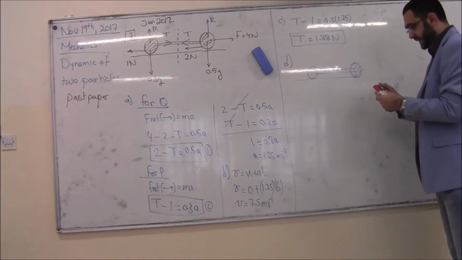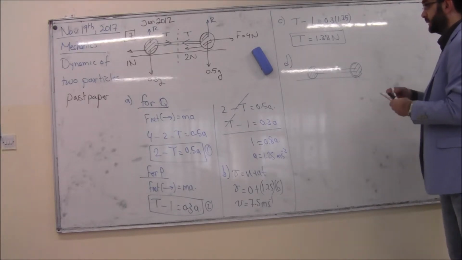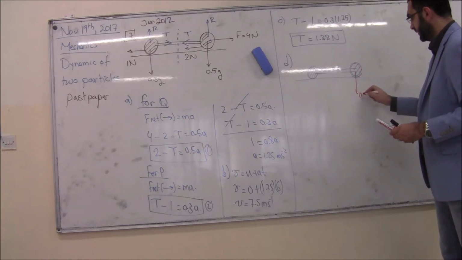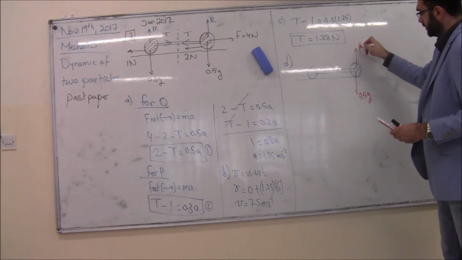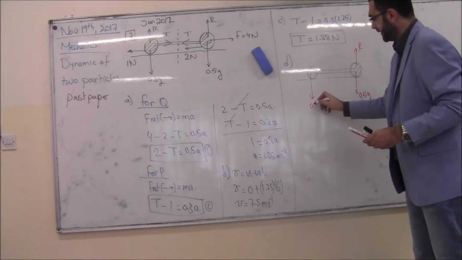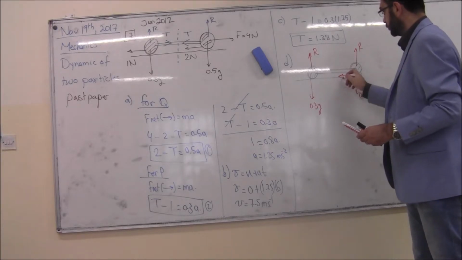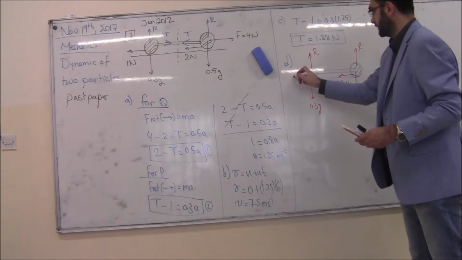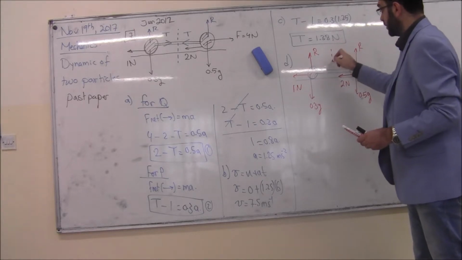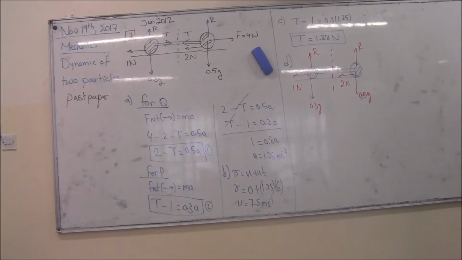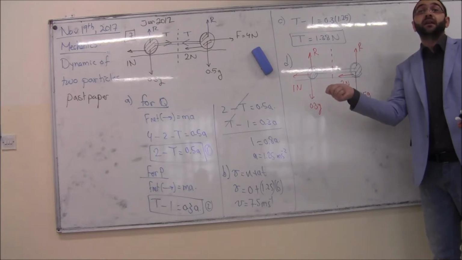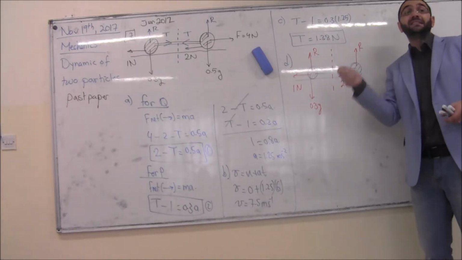Now, what are the forces here? Similarly, we have 0.5 g and R, and here 0.3 g and also R, which we said is 1 newton. Here, 2 newtons resistance, and 1 newton. Now, girls, pay attention. If you remember, a rod or tow bar or something like this cannot be slack in the deceleration.